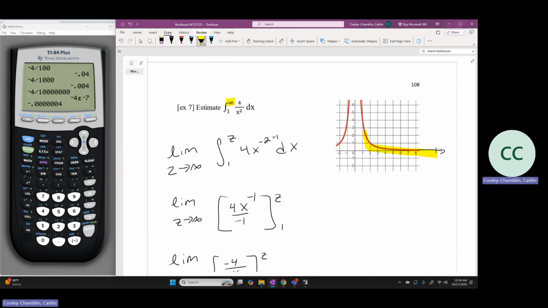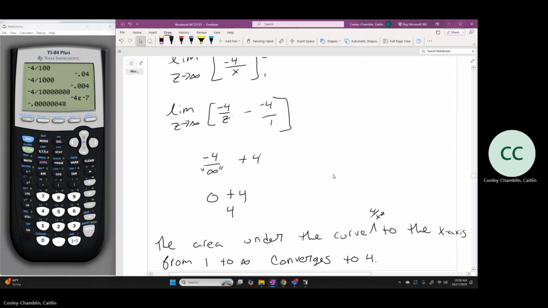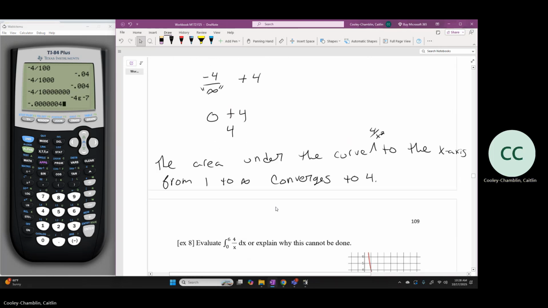It's converging to 4. It's getting closer and closer and closer to 4. Diverge, it's diverging away from a number. It's not getting close to anything. This converges to 4. That's the area under the curve to the x-axis. Our curve is y equals 4 over x squared, going from 1 to infinity.